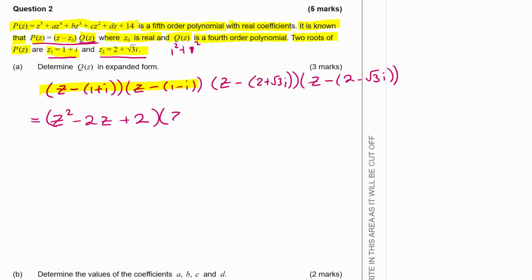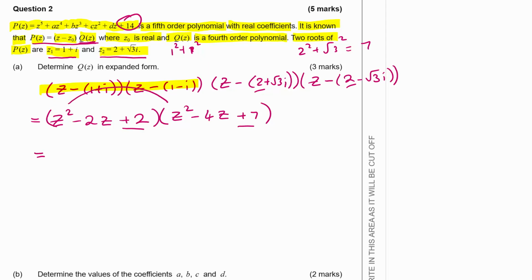And then this one would be z squared, and the 2 here give us take away 4z, and then it will be 2 squared plus root 3 squared, which is 7. And that's good because this says plus 14 at this end, and we're going to have the 2 and the 7 giving us 14. So we just need to expand this out.